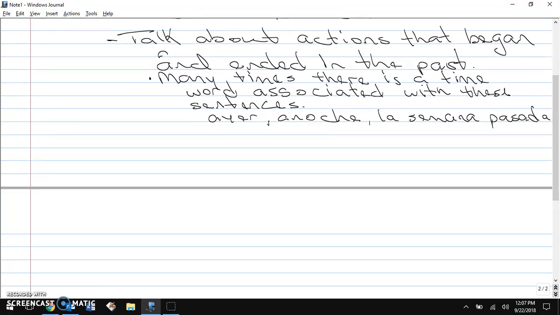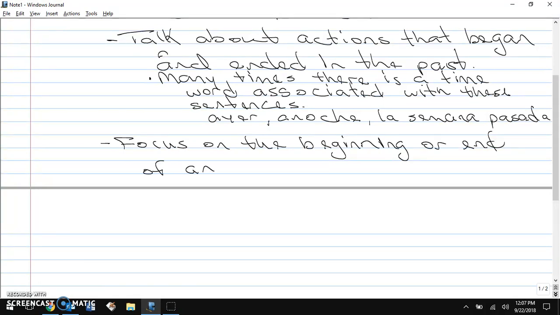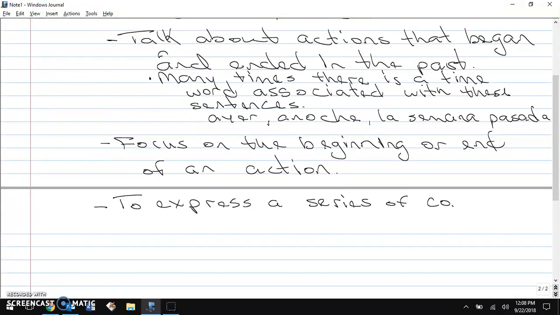Preterite is also used to focus on the beginning or end of an action, and also to express a series of completed actions.